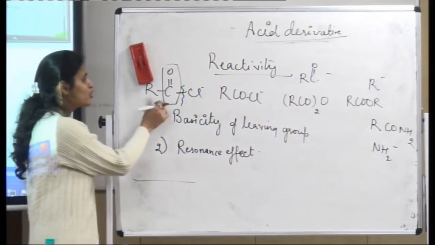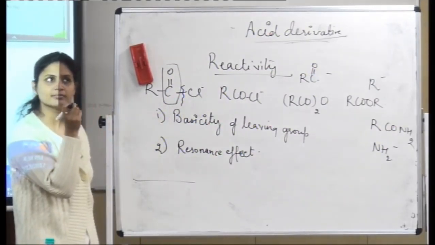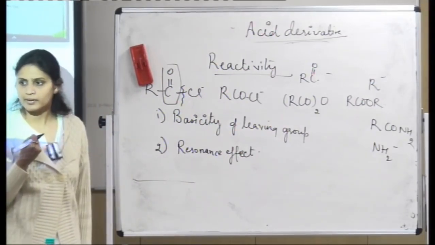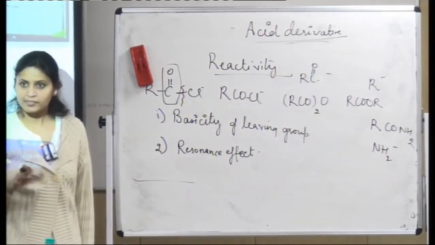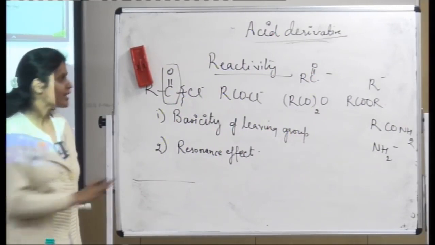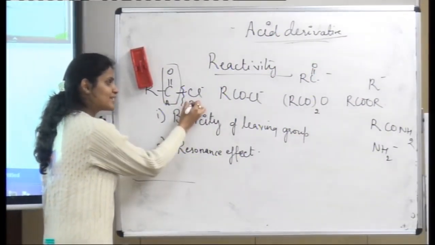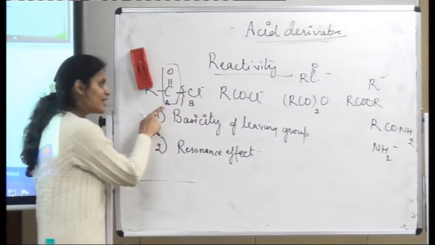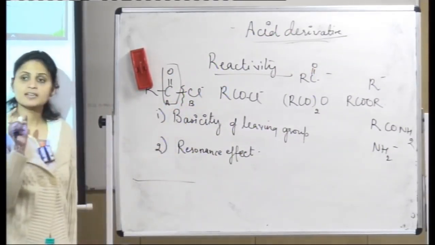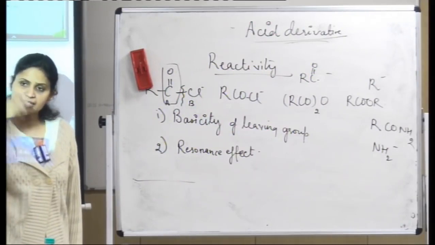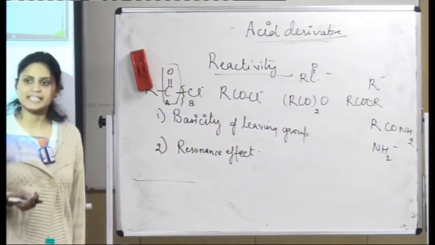I know that carbonyl group is basically electron withdrawing group, right? Carbonyl group is electron withdrawing in nature, and this will act as an acid and this will act basically as a base. Whenever the acid and base bond is weaker, in that case the bond will get cleaved easily.